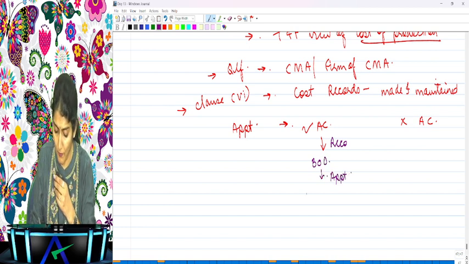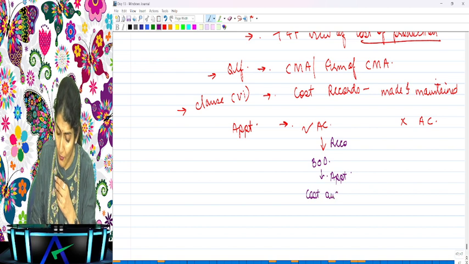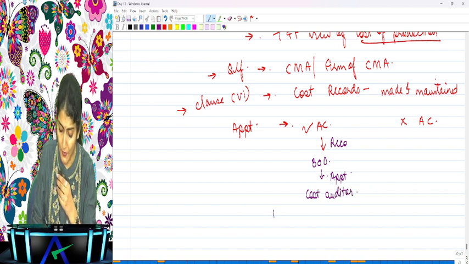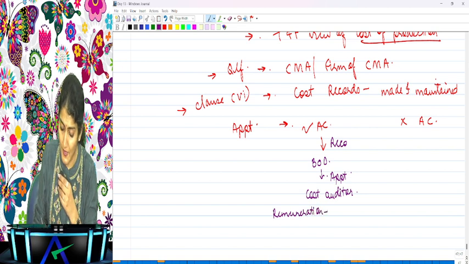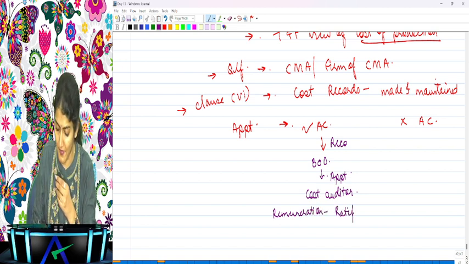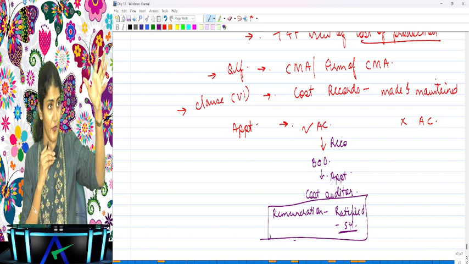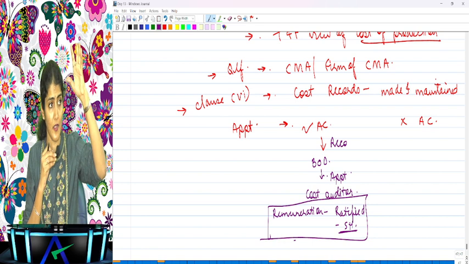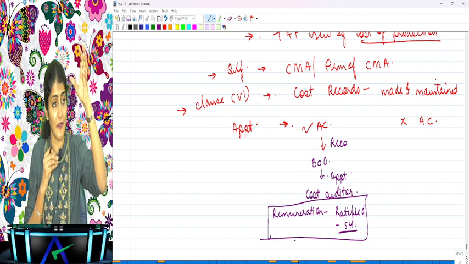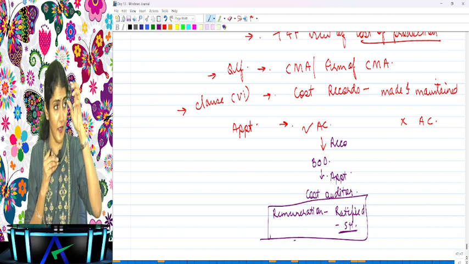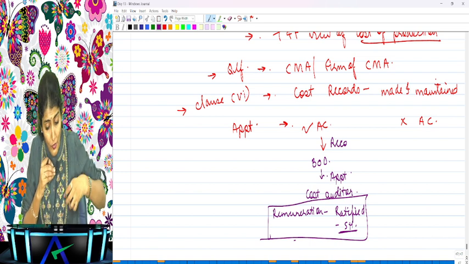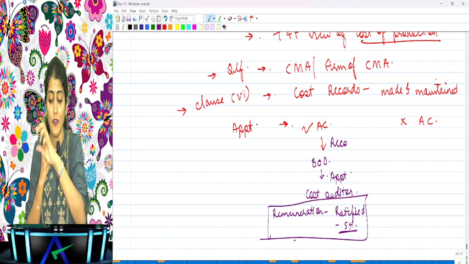Only the remuneration to be paid to the cost auditor, not the appointment, is to be ratified by the shareholders subsequently.